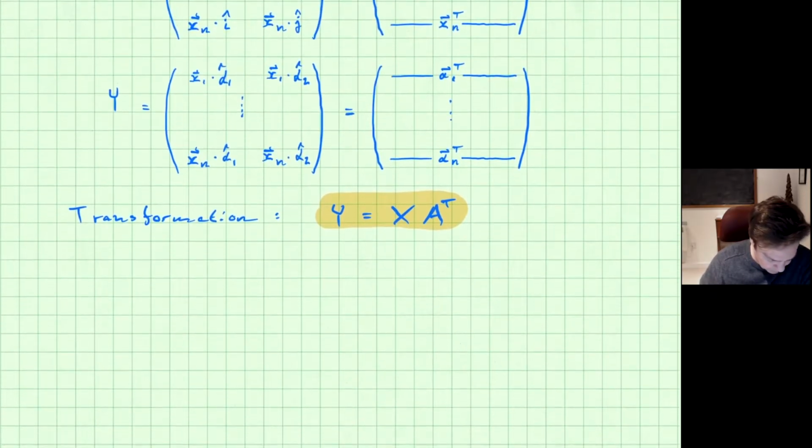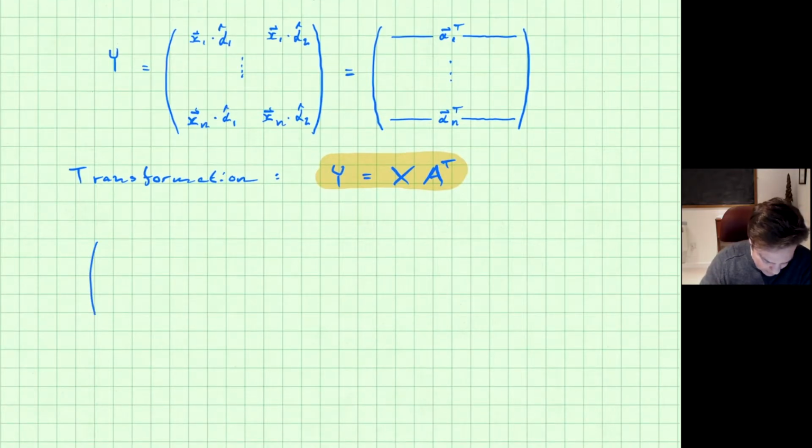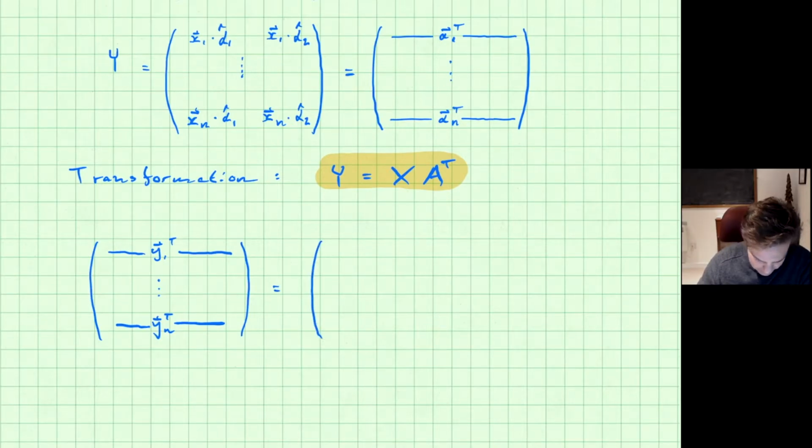So we have the matrix Y on the left-hand side. I'll just write that like this. y1 transpose, like a horizontal guy. That's a row. Dot dot dot. And then yn, that's row n. And you get that by doing the following thing. You take the matrix X, x1 transpose as a row, and there's the last one.